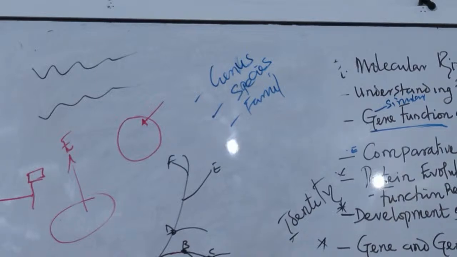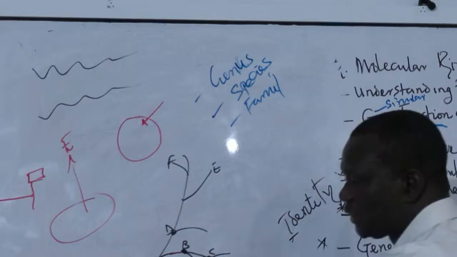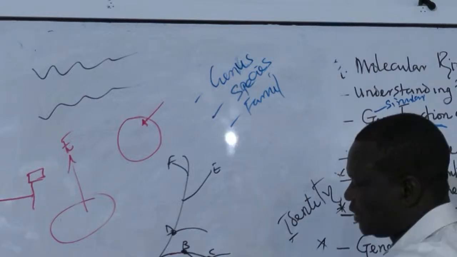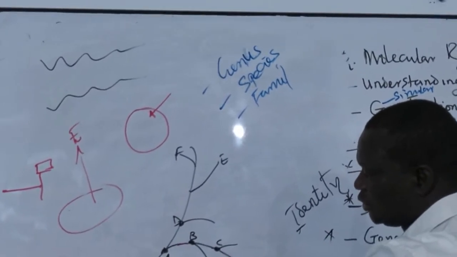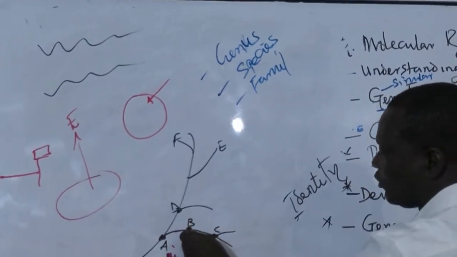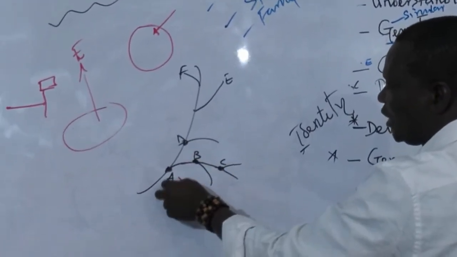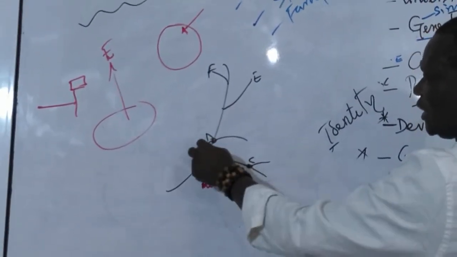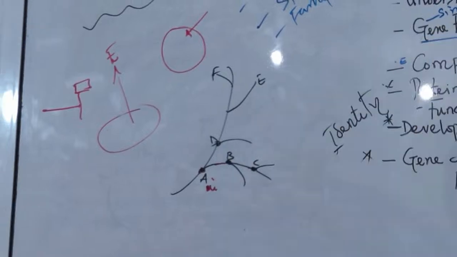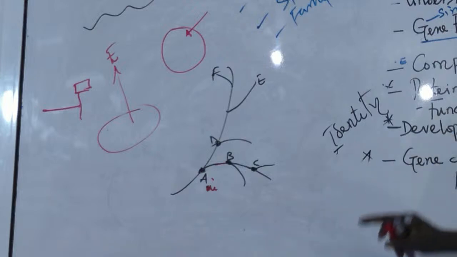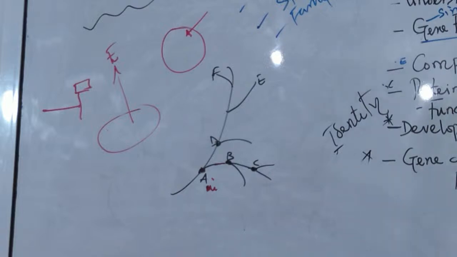They use phylogenetic tree. When you draw a phylogenetic tree like this, let's say you want to sequence the genome of A, that of B: you collect DNA of A, you collect that of B, C, D, E, and F. So you go and sequence them. By the time you do whole genome sequencing, you'll be able to know how closely related and how closely unrelated they are.